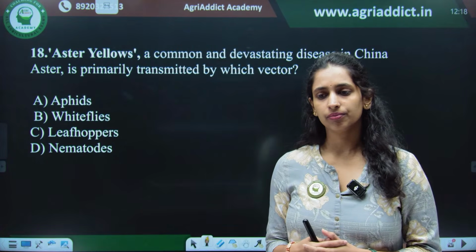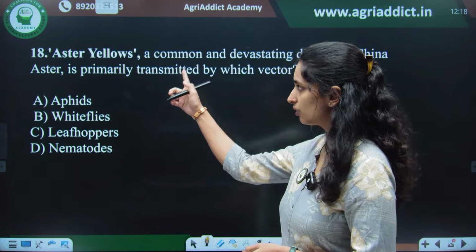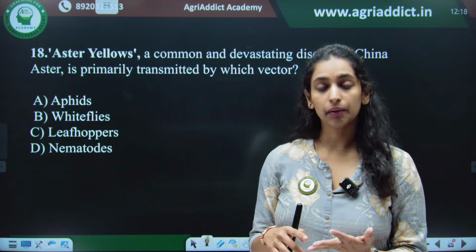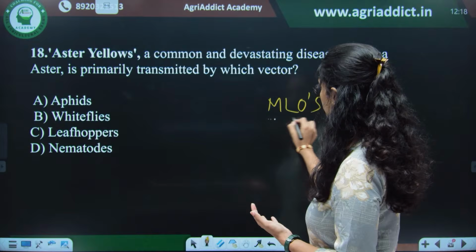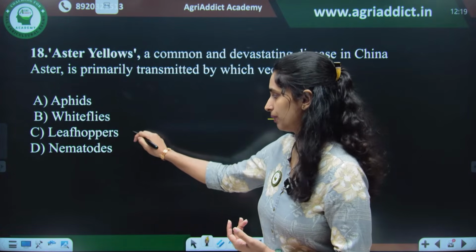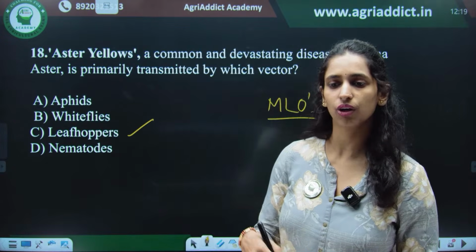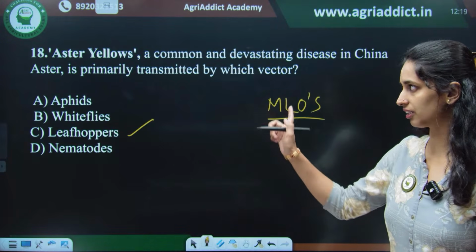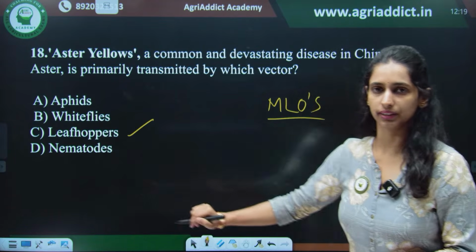So mostly if the disease is a viral, aster yellow is a viral or like mycoplasma like organisms, MLOs, that will be mostly transmitted by the leaf hoppers. Most of them are giving the right answer, Shweta, Varshika. Aster yellow's vector is leaf hoppers.